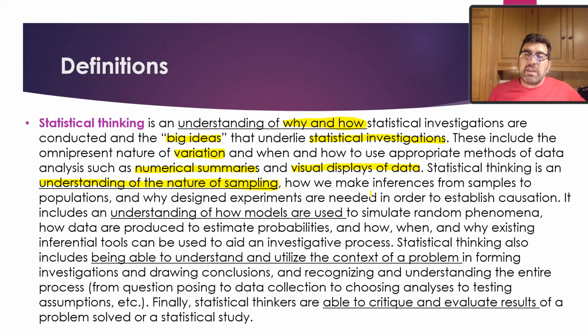How we make inferences from samples to populations, and why designed experiments are needed in order to establish causation. This is big, especially when you look at bivariate data. Does the one variable cause the other? Is it the taxi that caused the child to be late, or was the child late in the first place and caught a later taxi?